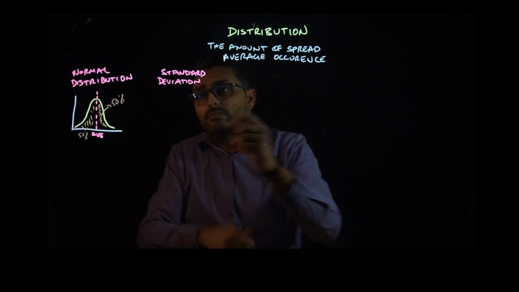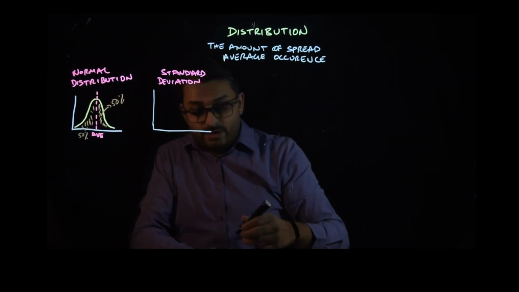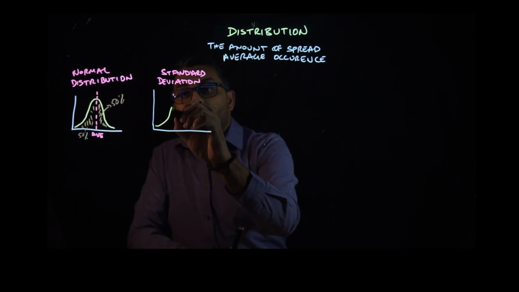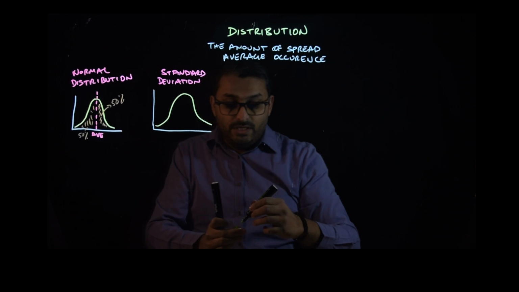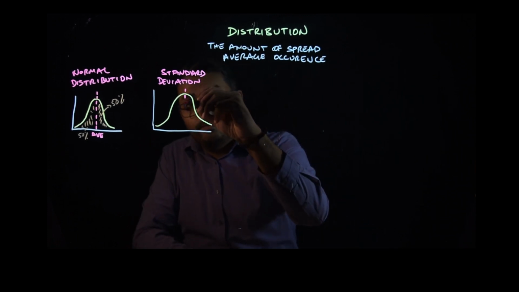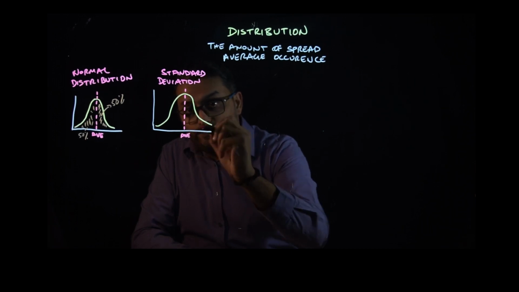So again, if I draw my graph and I have my bell-shaped curve, and I have my average. So that's my average.